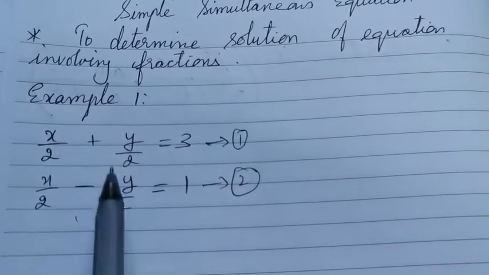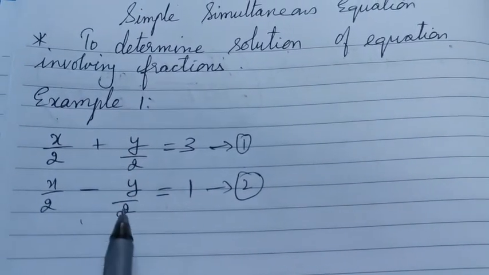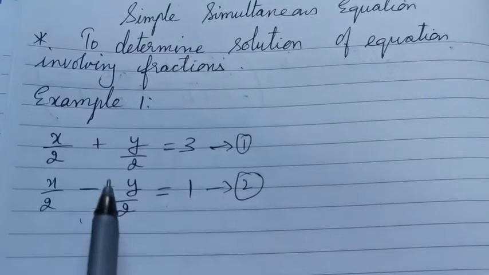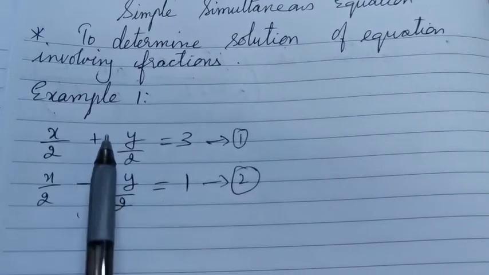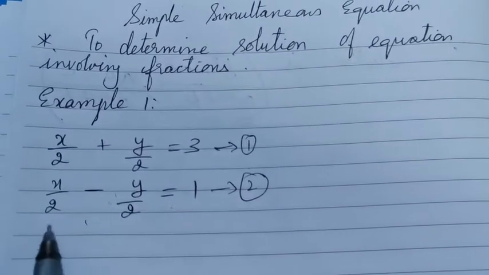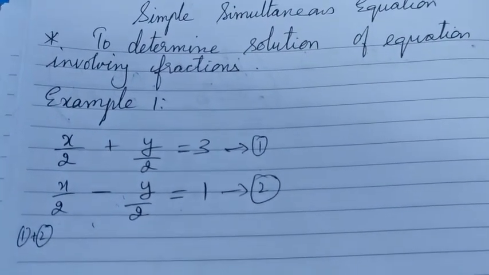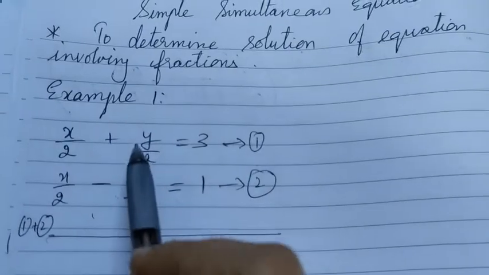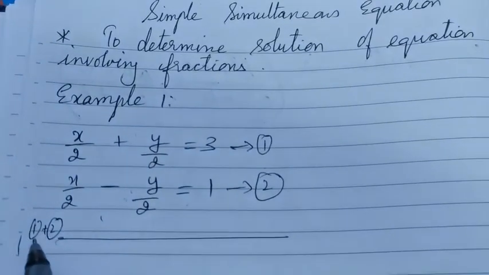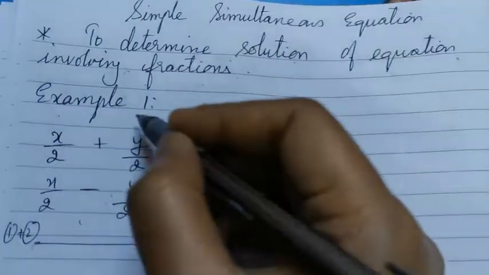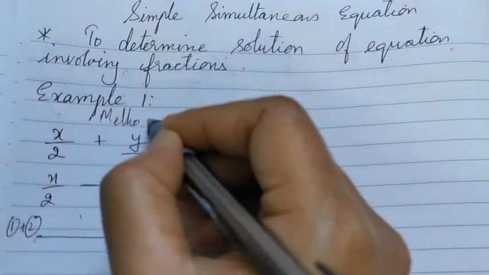So here, elimination is easy. When I add 1 and 2, when your signs are different, you will add the two equations. This is the method of elimination.